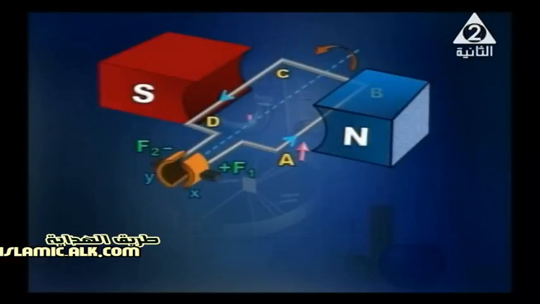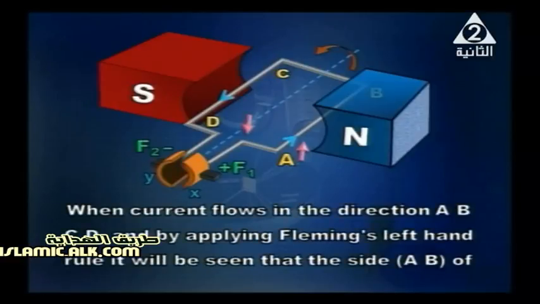Now, talking about the mode of work of the motor. How does it work? When current flows in the direction AB, when current is allowed to flow in the coil, side AB and side CD are acted upon by two forces.